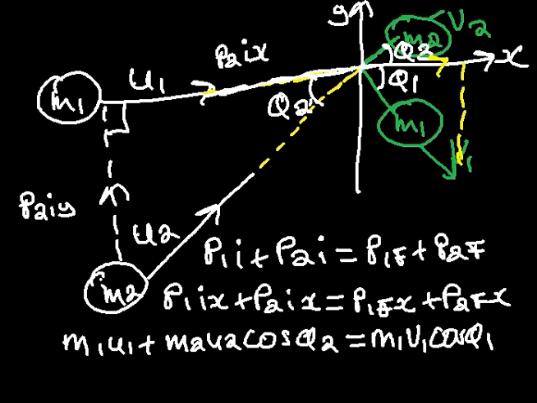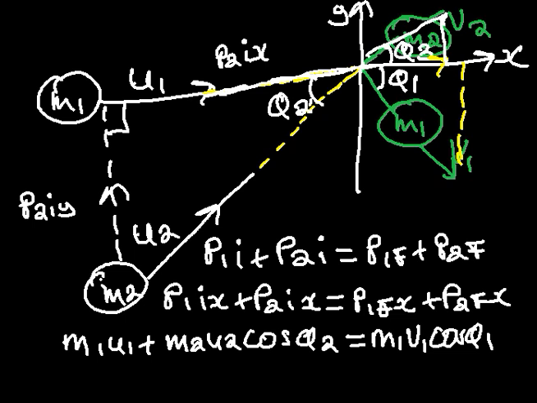And we'll go for P2 fx, that is the final momentum along x for object 2. We have to resolve this into components as well. This is the typical triangle of our interest, where this is the x component and this is the y component.